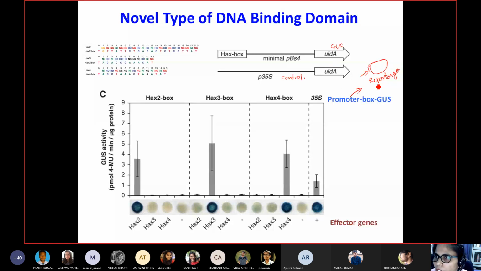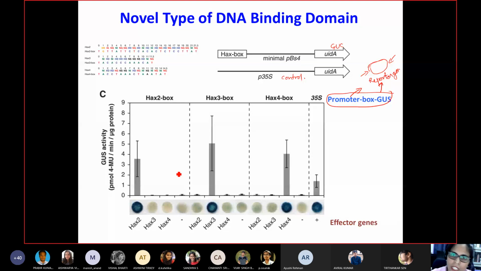This is one infection, and the second plasmid they infected was the effector gene, that means hex2, hex3, hex4, these effector genes, they transfected. After transfecting, they checked which of these effectors bind to the promoter sequences.